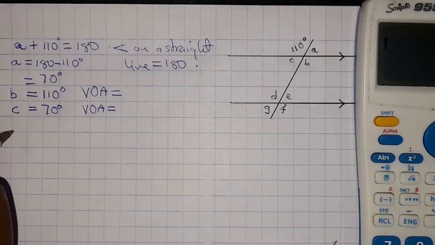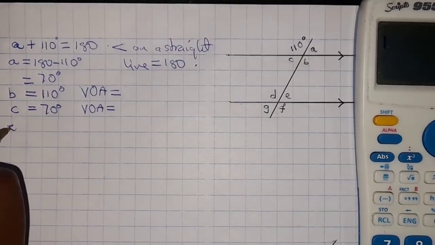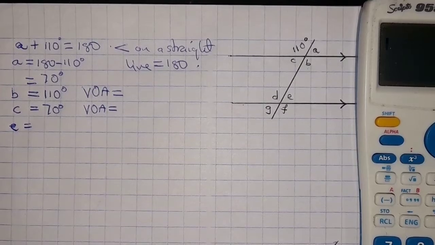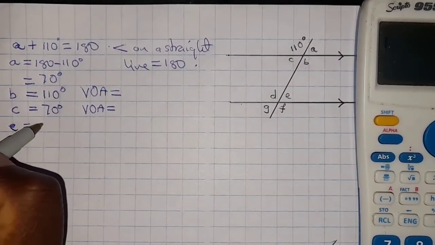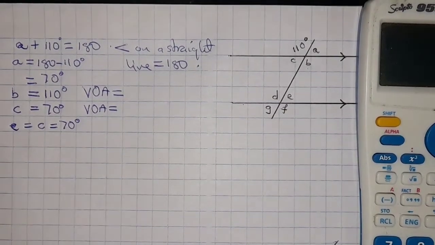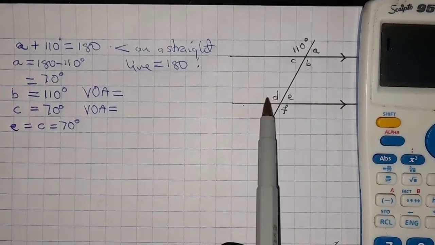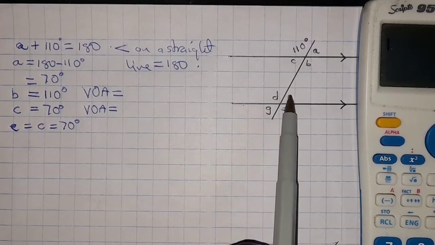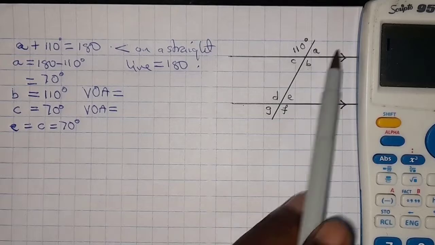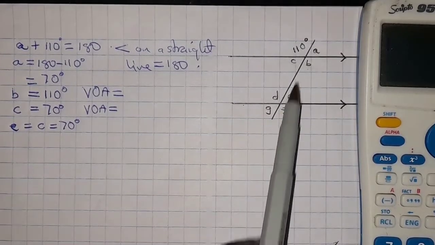Okay, we are jumping to go to the other part. On this one, I want to start with angle E. Angle E is equal to what? Angle E is equal to angle C, which is equal to 70 degrees. These two angles are equal because they make a Z, a pair of parallel lines with a transversal.